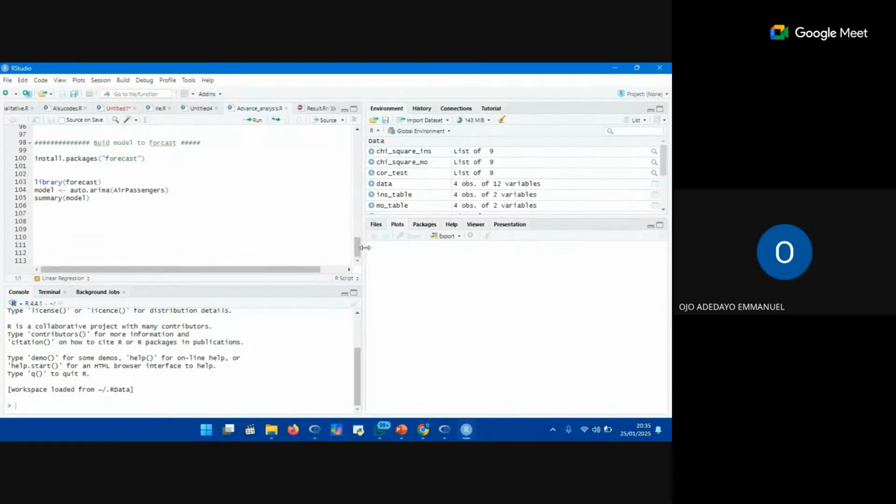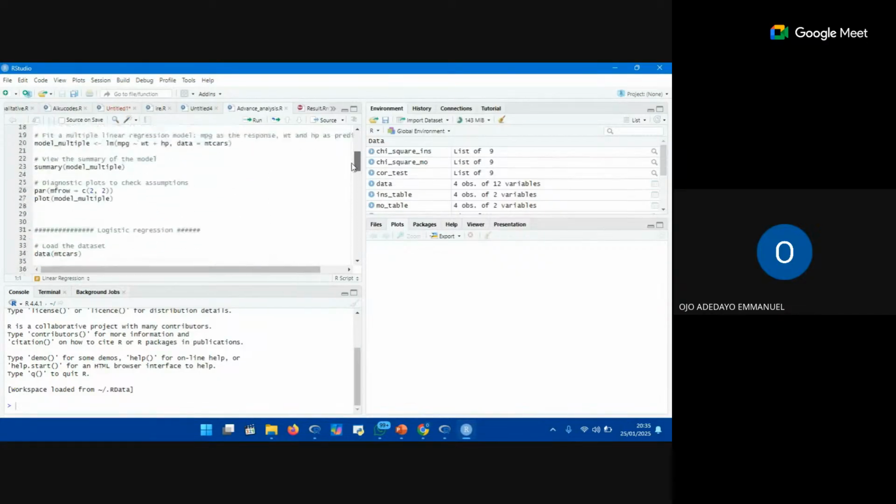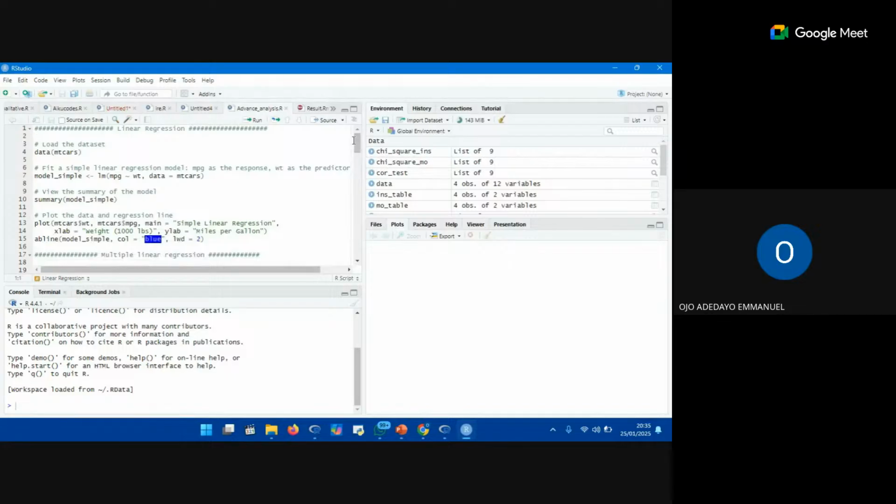AirPassengers is one of the input datasets in R. They collected the number of people boarding aeroplanes over some years, and put it in the R database. So we can start from there.